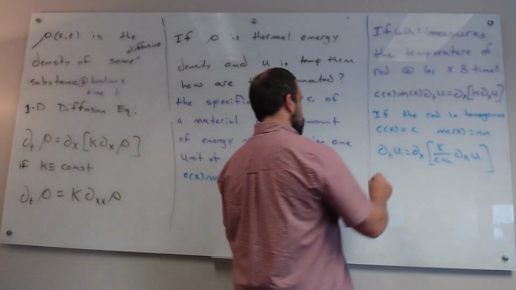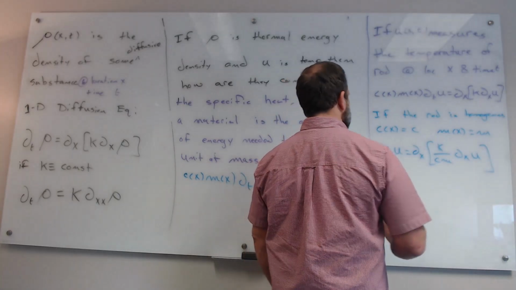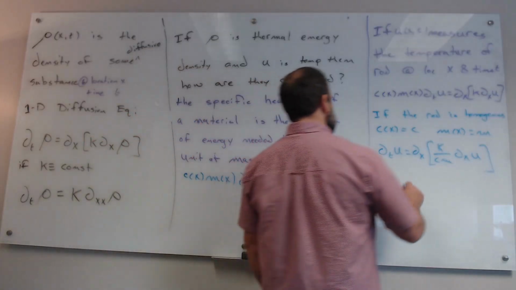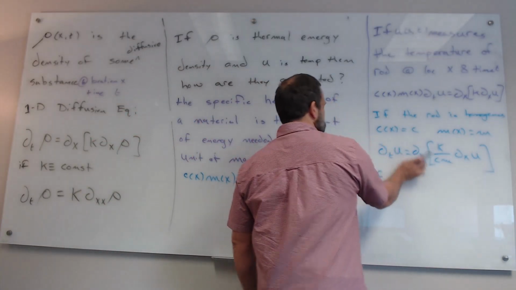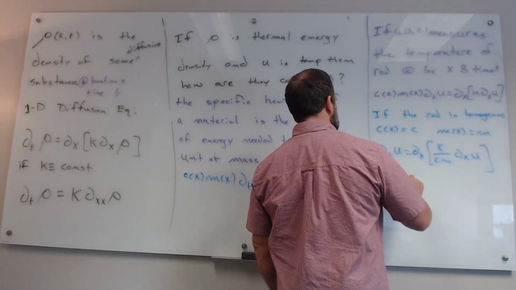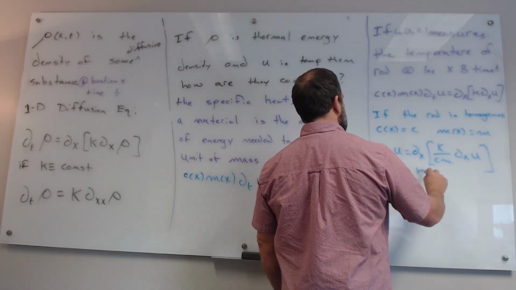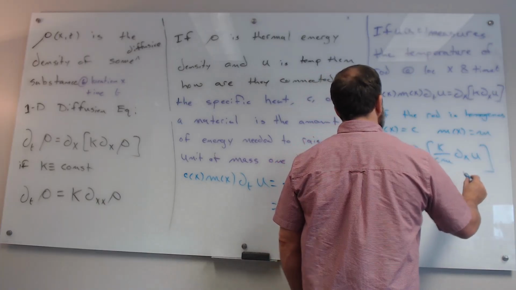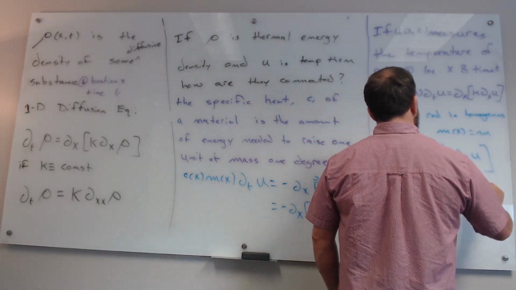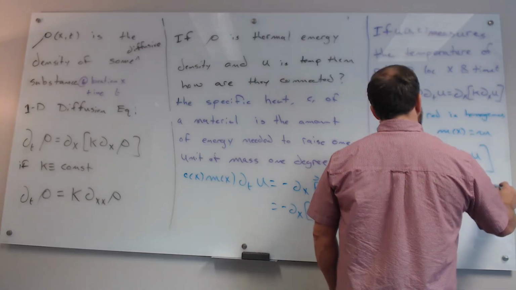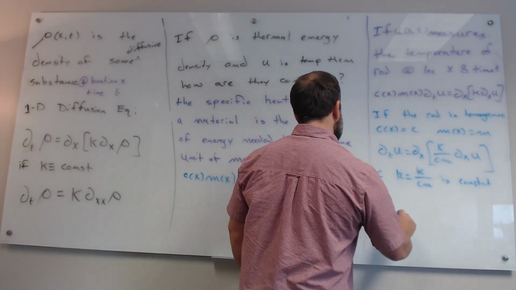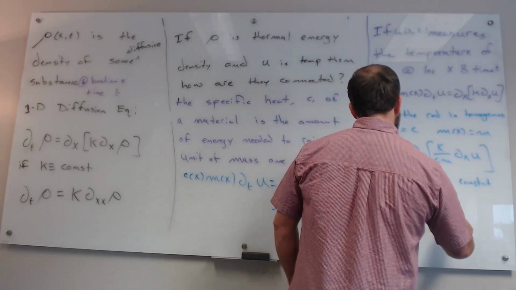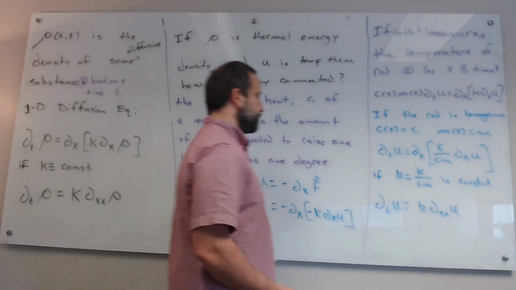Okay, and so we can only do that if C and M are constant, and if k is a constant, I'm going to define a new function, little k. If little k, which is equal to k over Cm, is constant, then we can write this as the t derivative of u is equal to little k times the double x derivative of u.